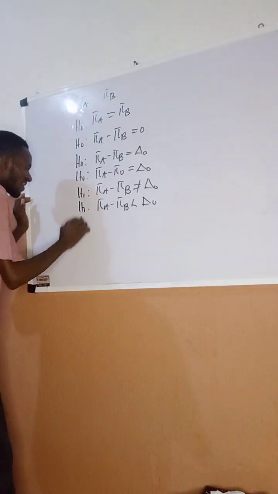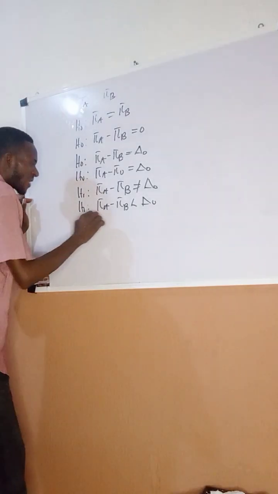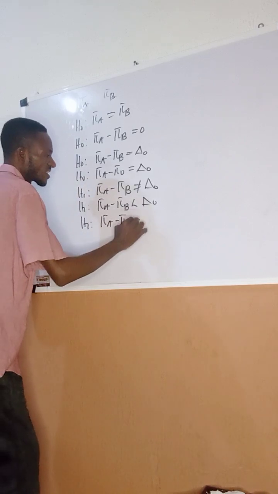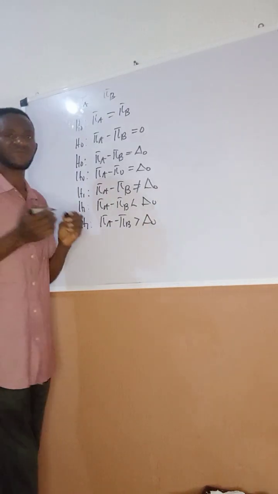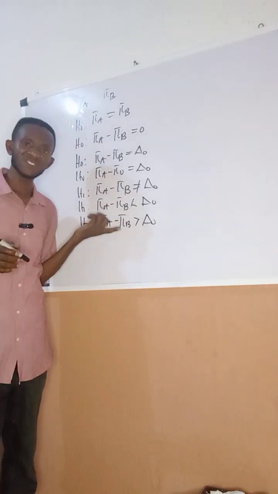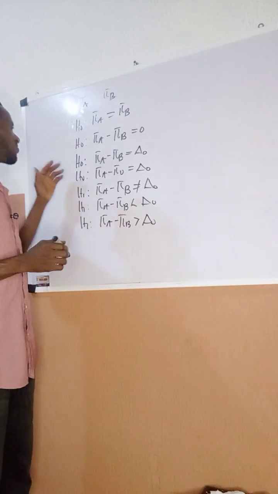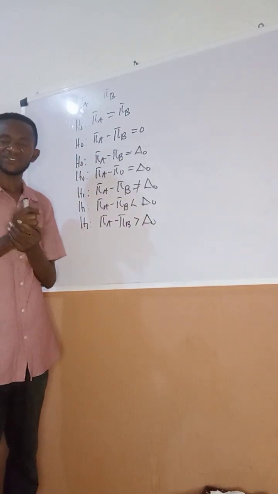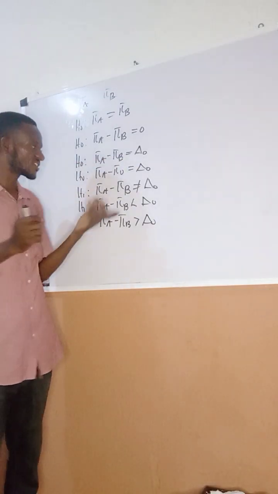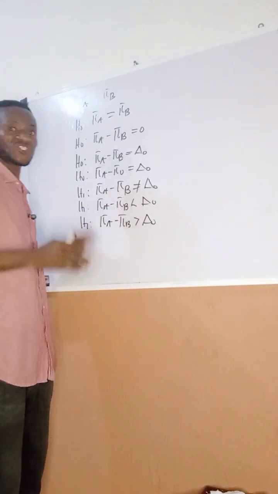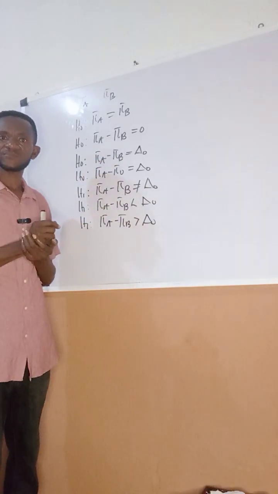Or you are going to say that H subscript 1, that pi A minus pi B is greater than delta 0. These are the possible alternate hypotheses that one can easily use to test this null hypothesis. This is what we call the hypothesis for two population proportions.